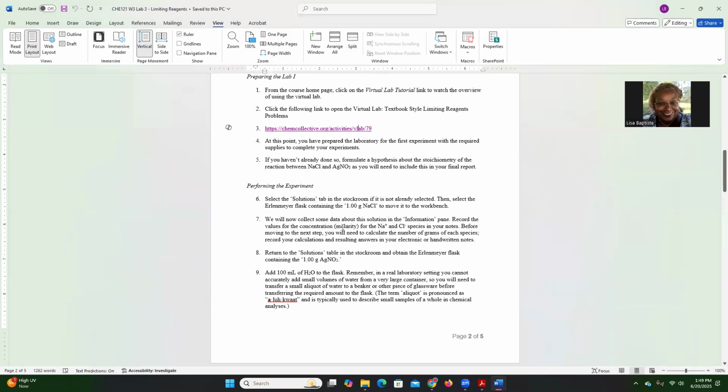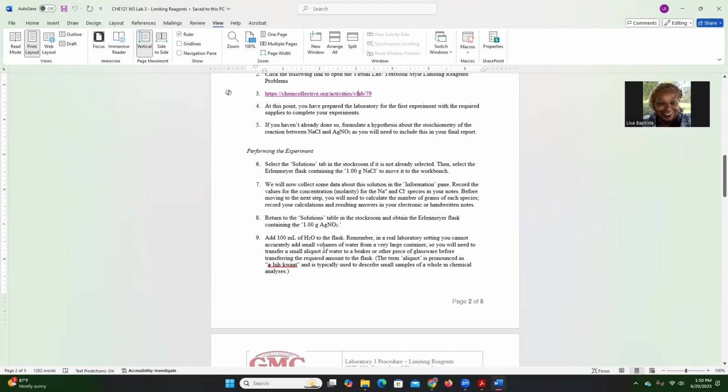We will now collect some data about the solution in the information pane. Record the values from the concentration, molarity for the sodium and the chlorine ions in your notes. Before moving to the next step, you will need to calculate the number of grams of each species, record the calculations and resulting answers in your electronic or handwritten notes, and then return to the solutions table in the stockroom and obtain the Erlenmeyer flask containing the 1.00 grams of silver nitrate.